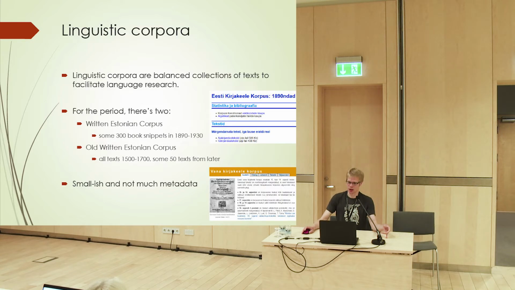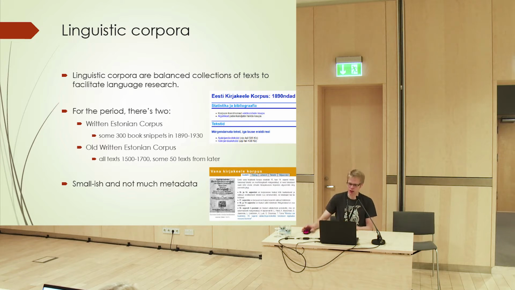This can have some problems because these ones, they're usually balanced in a way that the language is similar across it. But if you want a broad representation of how the language practices were throughout the society, then you need to balance also so that you get lower educated people, higher educated people, you get people from different areas. So the ready-made corpora aren't necessarily that good for this kind of question.